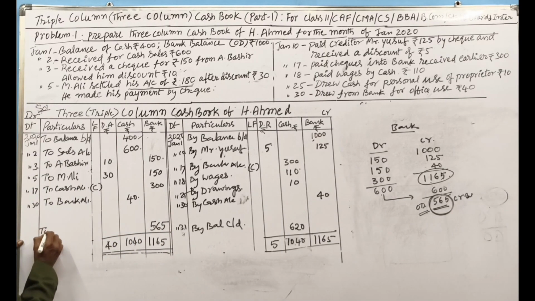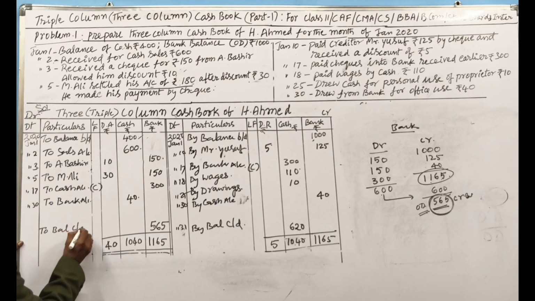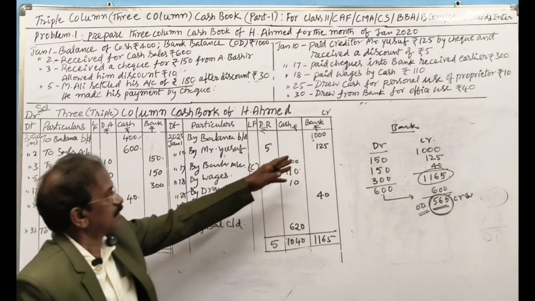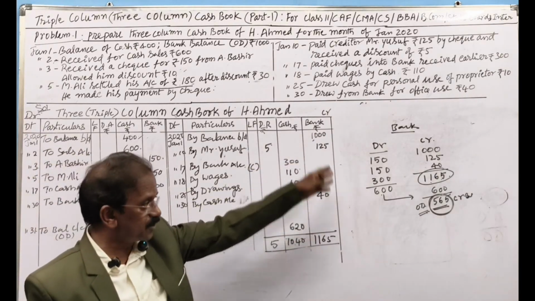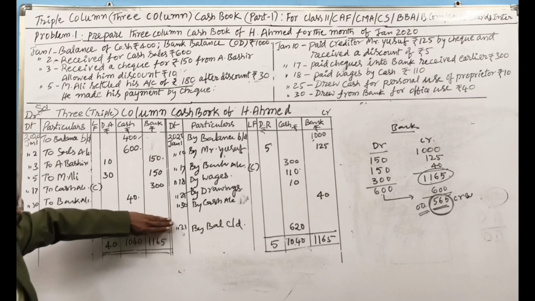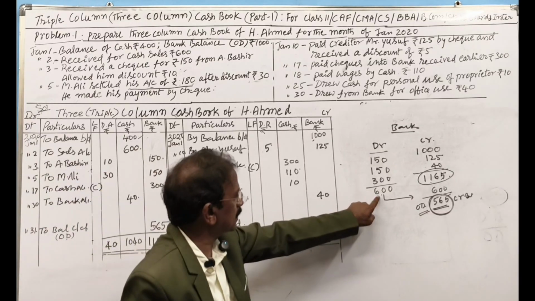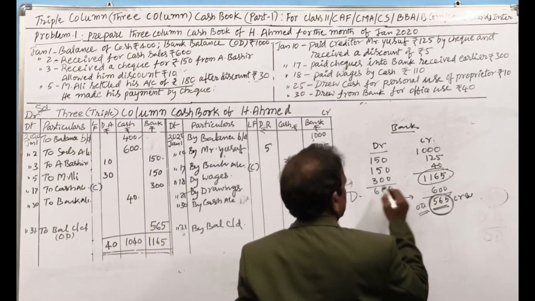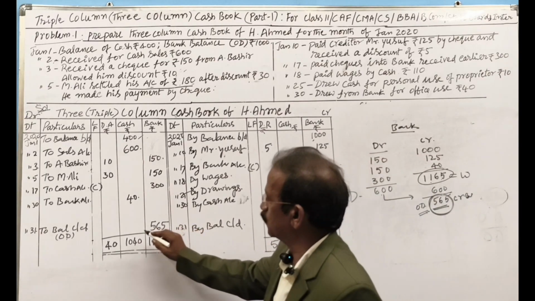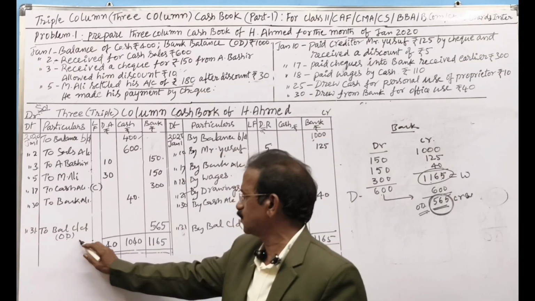Against this you have to write balance carried down. The date is January 31st. This is OD, overdraft, because the credit side is more. Credit side means withdrawals. Withdrawals are more, deposits are less. He deposits 600. These are less deposits. These are withdrawals. So, in that case, we call this OD. But you need not write OD in the examination.